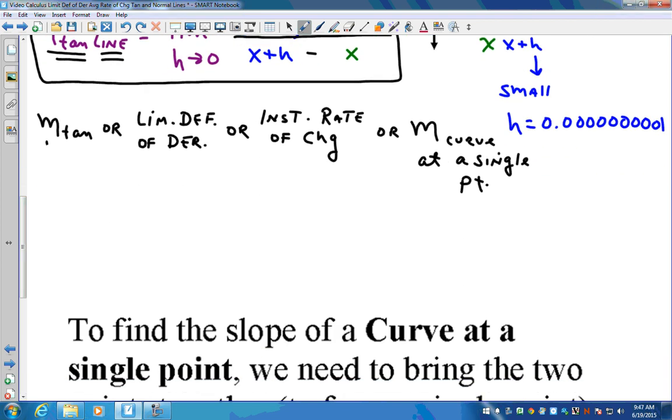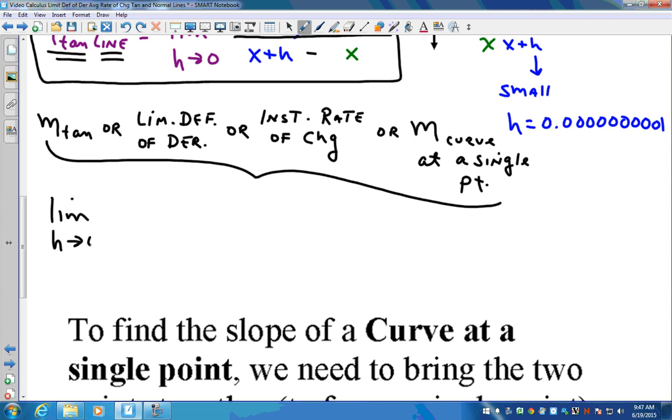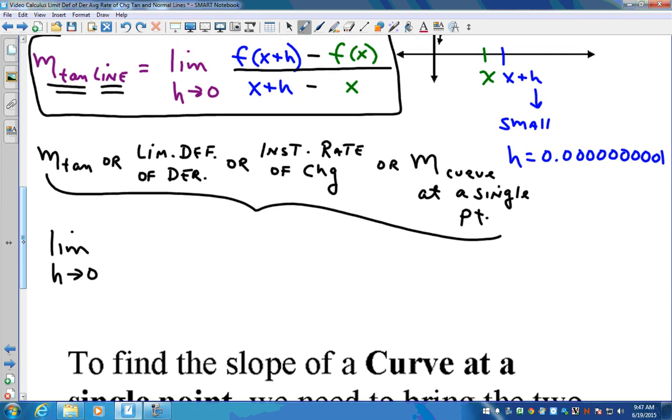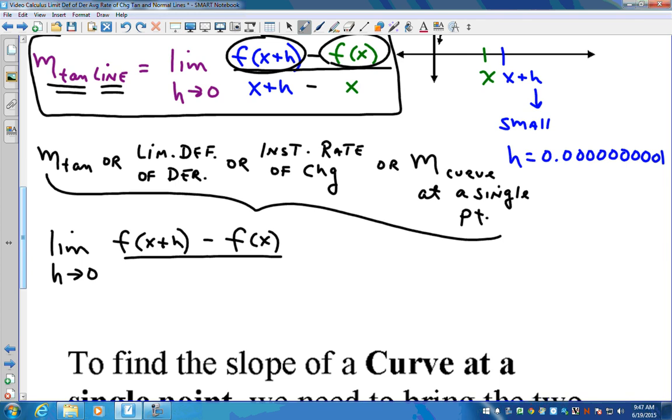So all of this here is going to represent this formula. The limit as h approaches 0 of, just come back up here, f of x plus h minus f of x, all over, can we simplify that denominator?